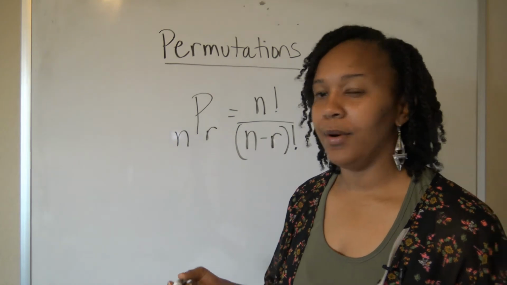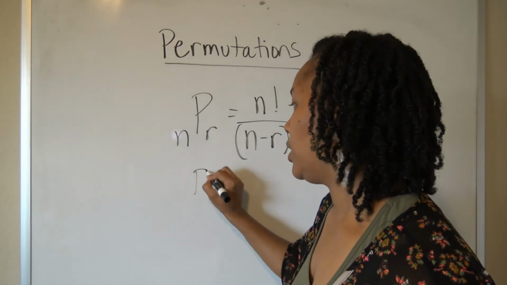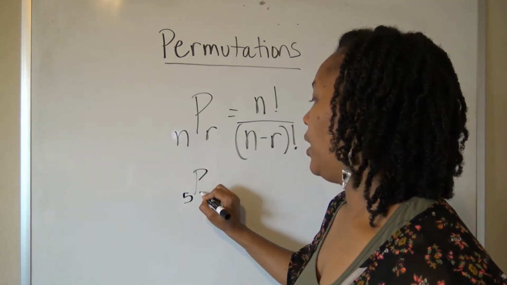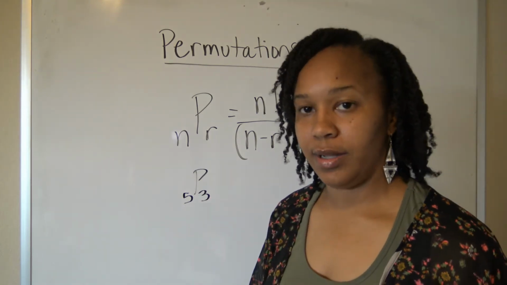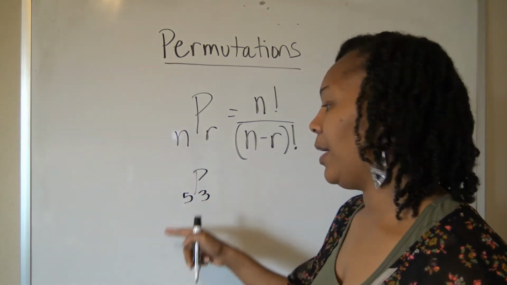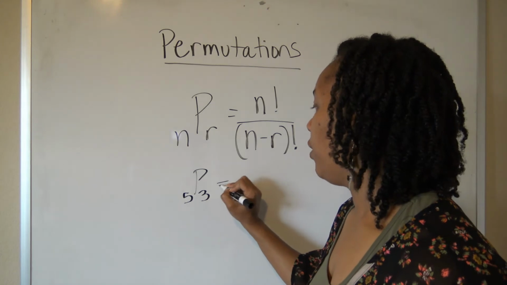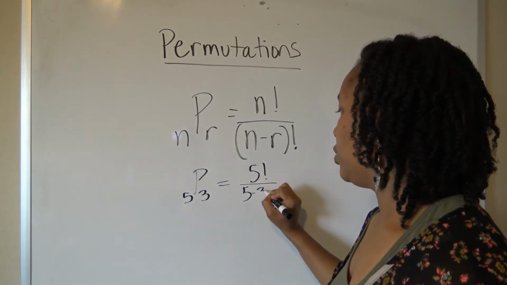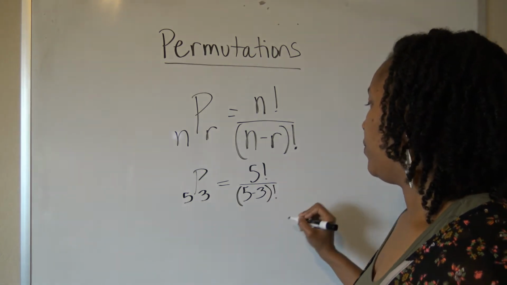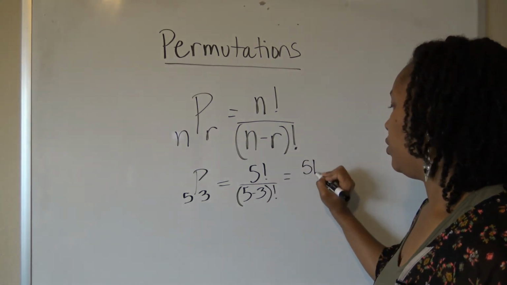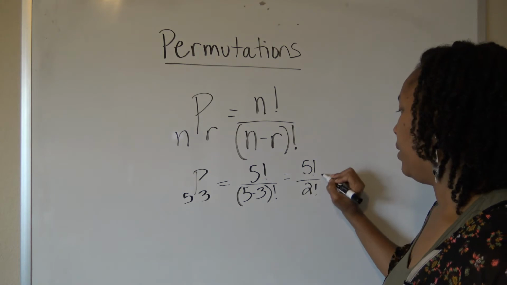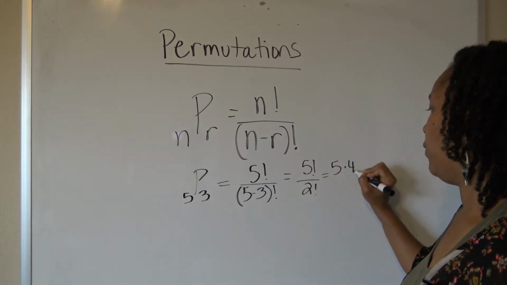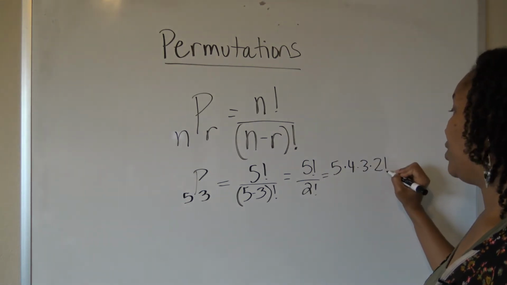In my example, I had 5 suspects, and I was only going to take 3 to put in the lineup. So my r will be 3, my n will be 5. In the formula, that would be 5 factorial over 5 minus 3 factorial. So that's 5 factorial over 2 factorial. Remember, 5 factorial is 5 times 4 times 3 times 2 factorial.